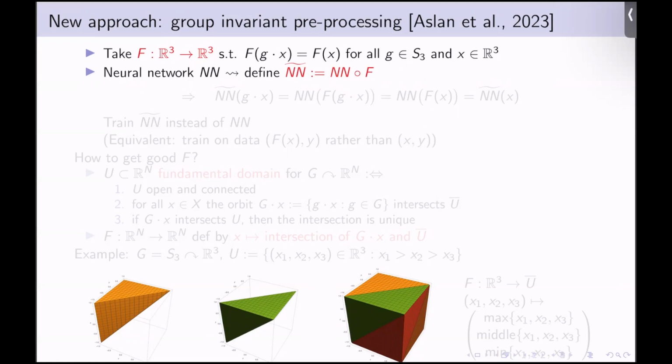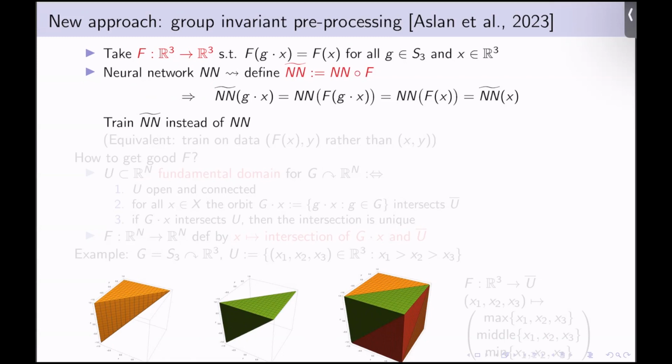Then you define n twiddle as this composition, so you pre-compose with F. And this will then be a group invariant function. So if you apply n twiddle to g times x, just because of the group invariance of F, this is the same as n twiddle of x. So this is group invariant.